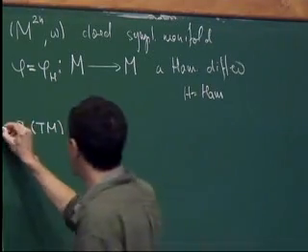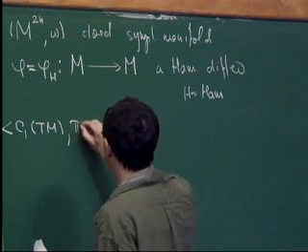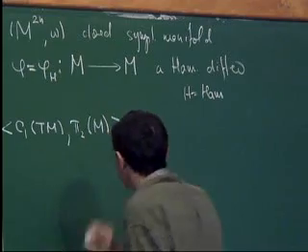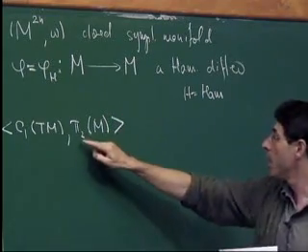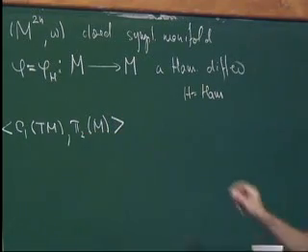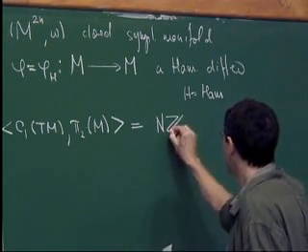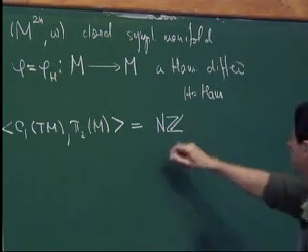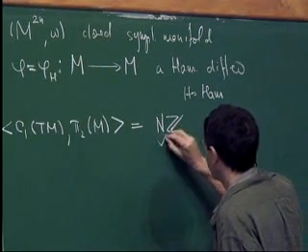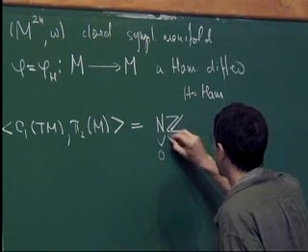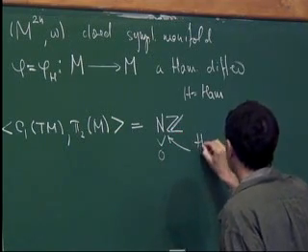And when I evaluate the first Chern class on pi_2 of the manifold, I get a subgroup of Z, and the positive generator of this group is called the minimal Chern number.